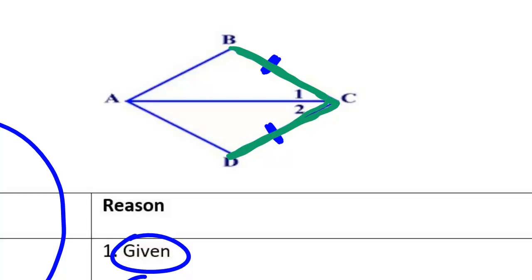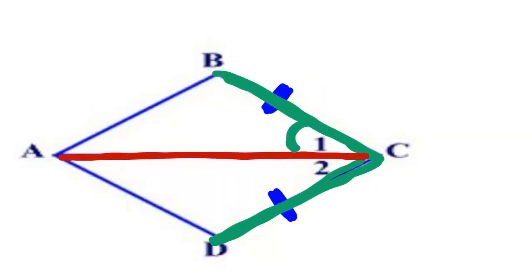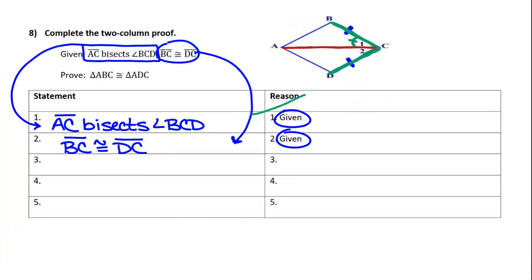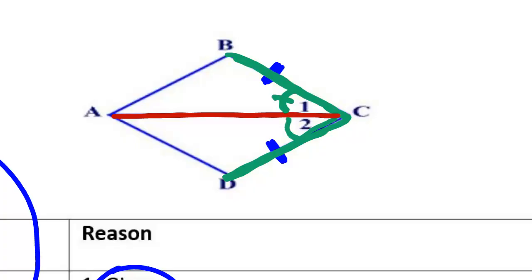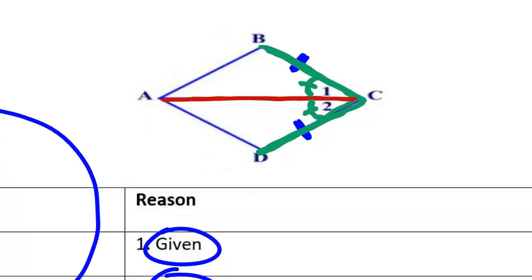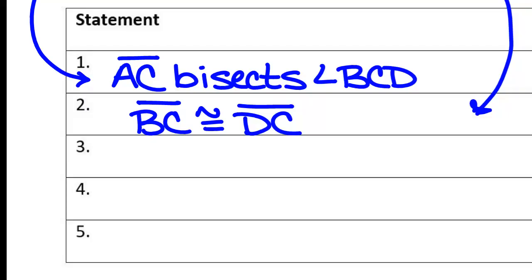And that makes sense when I look at the picture because AC is running right in the middle of that angle. So that means that this angle right here, angle 1 or angle BCA, is congruent to this angle right here, angle 2 or angle DCA.